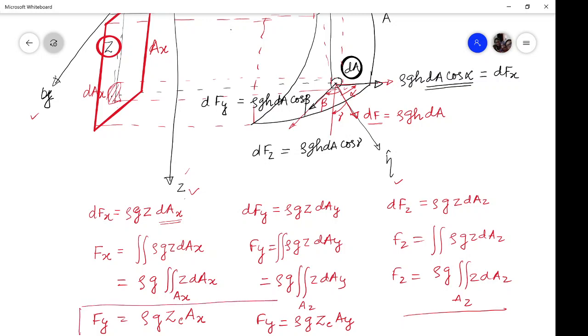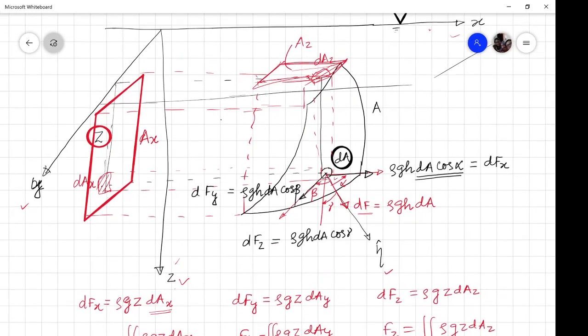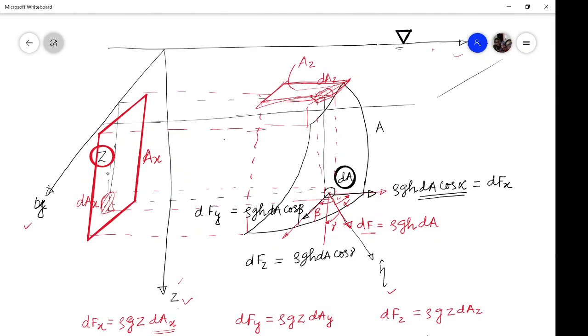So the hydrostatic pressure force in any horizontal direction will be rho g A h center of gravity. What is this h center of gravity? This is the centroid of this particular area from here, so that is h center of gravity or z center of gravity, zc.